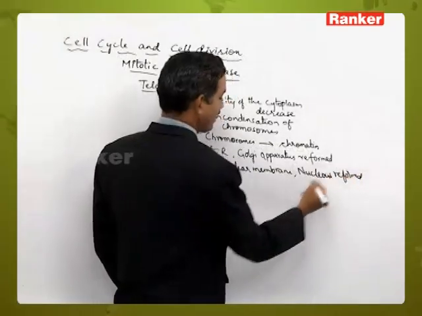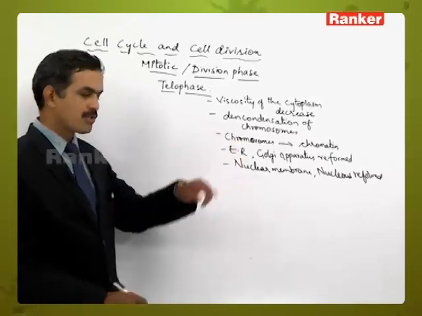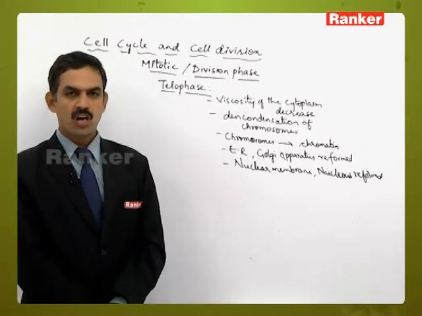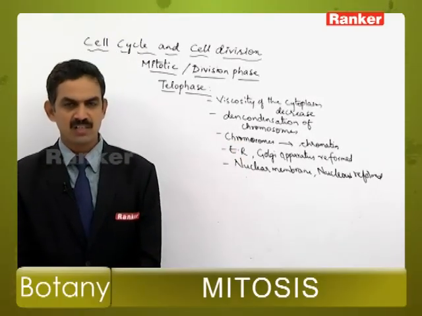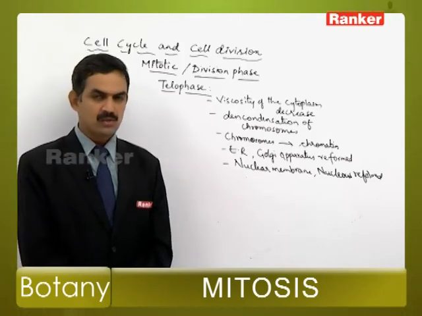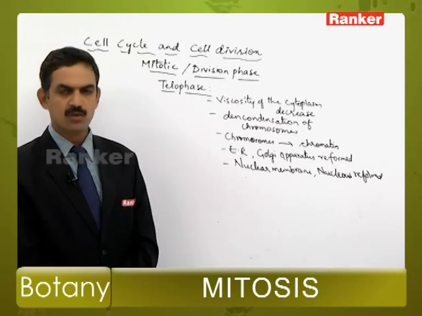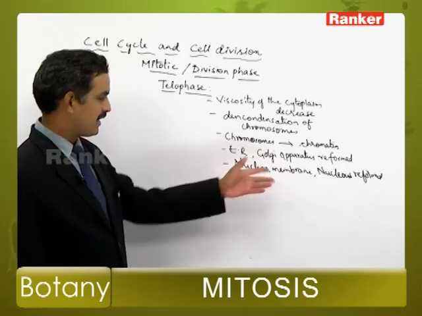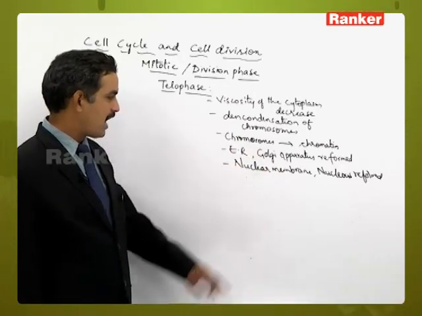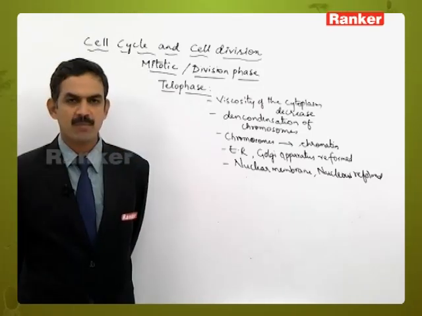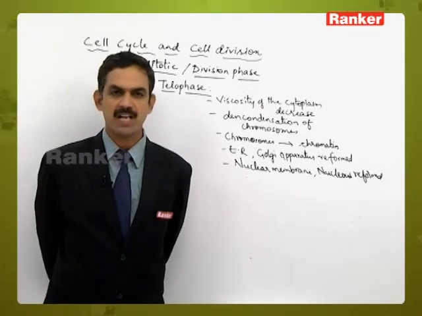How is the nucleolus formed? The chromosomes contain the nucleolar organizer, a secondary constriction which can produce the nucleolus. So some of the nucleoli are formed from the nucleolar organizer of the chromosomes. Likewise, the reorganization is taking place. And how is the nuclear membrane formed? The nuclear membrane is formed somewhat from the endoplasmic reticulum.